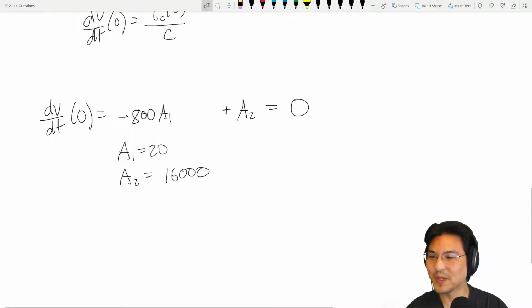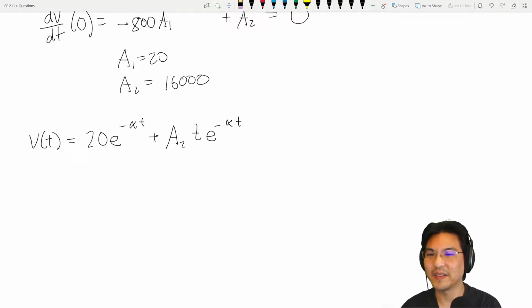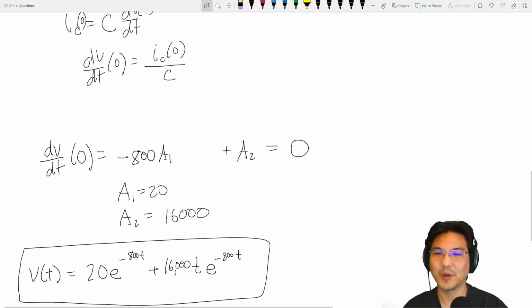Okay, A1 is 20. Alpha is 800. A2 is 16,000. And there we go. Okay, so this is the answer. That's the voltage for part A.